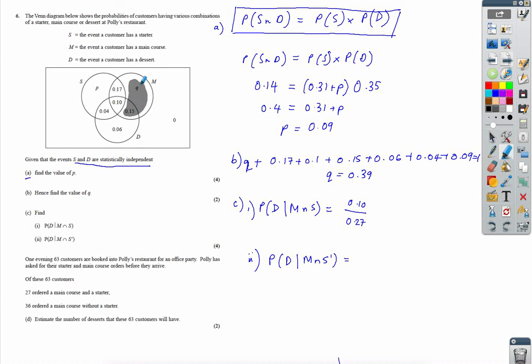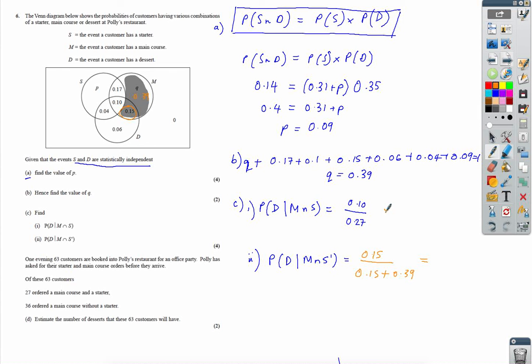This is main and not a starter. And I want to know what's the chances that they had a dessert. So people that had a dessert are just this bit. So that was 0.15. A main and a starter is the same, 0.15, plus remember we said that Q is 0.39, plus 0.39.